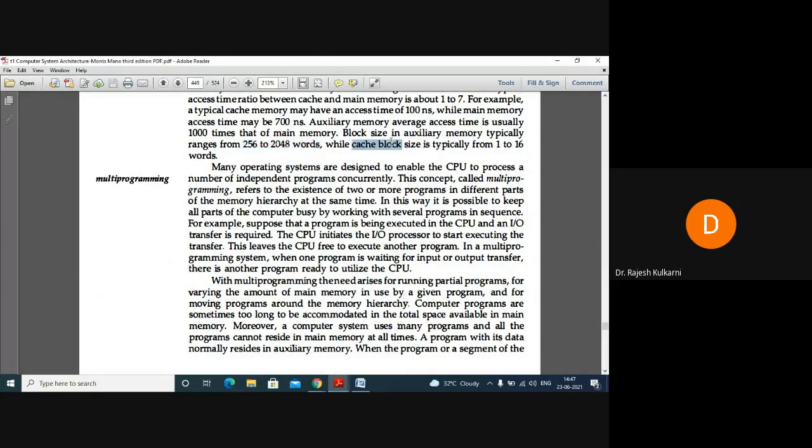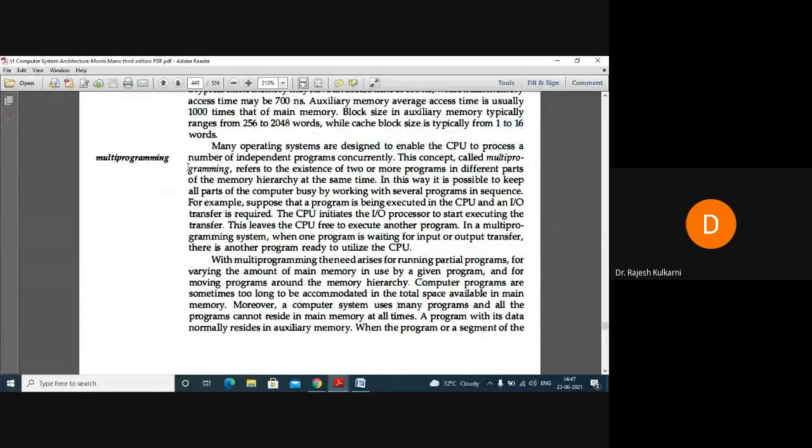What is the block size of a cache? 1 to 16 words. What is multi-programming? Multi-programming means the CPU can process a number of independent programs at the same go, concurrently.